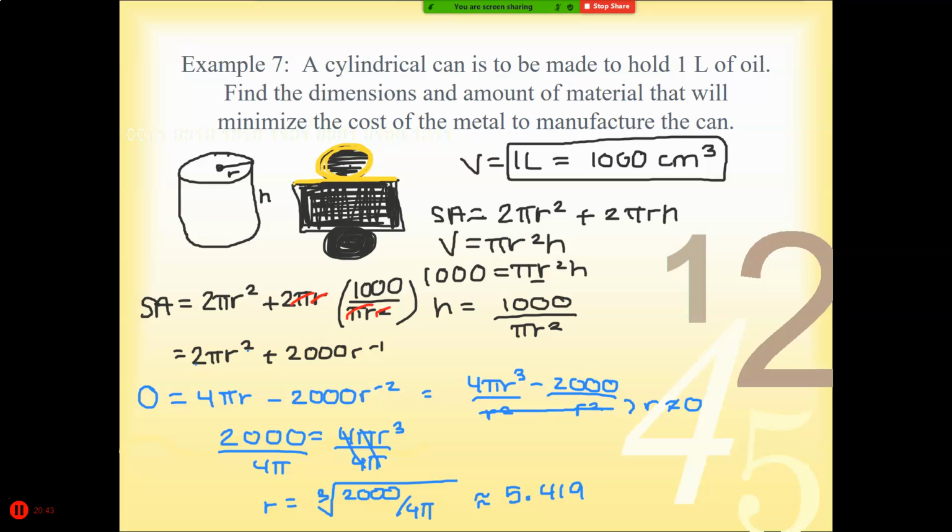That is also in centimeters. So honestly, it's probably pretty similar to an oil can you would have at your house for gasoline maybe.